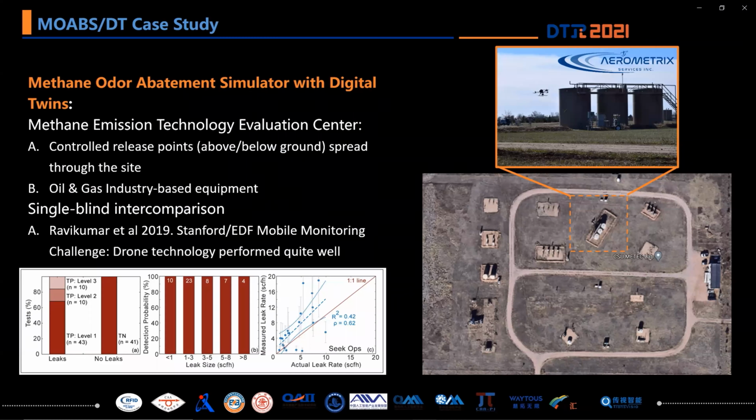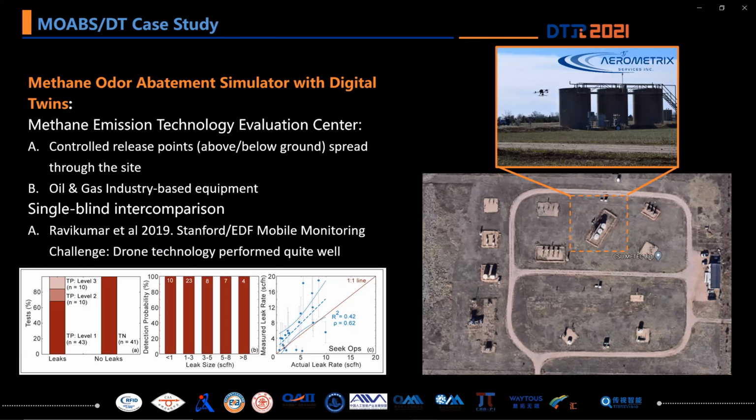The MOABSDT case study is built around the Methane Emission Technology Evaluation Center, or METEC, shown in the bottom right. This is based out of Colorado State University and is designed to emulate oil and gas industry-based equipment and offers a variety of controlled release points above and below ground, which are spread throughout the site.